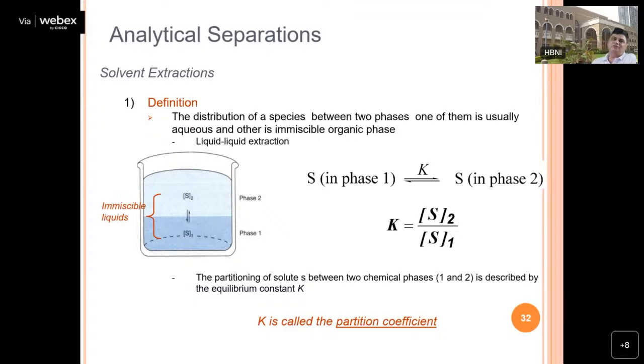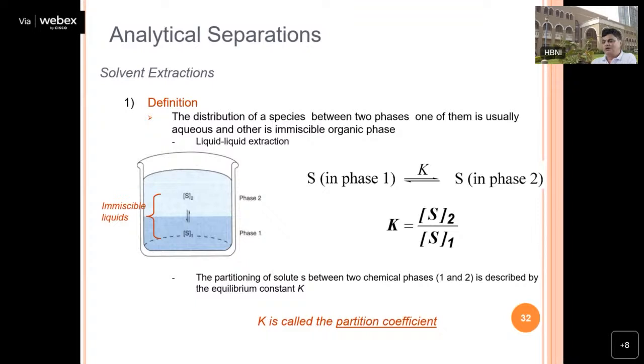Liquid extraction is categorized on the basis of the partition coefficient. The partition coefficient is nothing but the distribution of the solute between the two phases. So how is K defined? K is the concentration of the solute in the second phase compared to phase one.